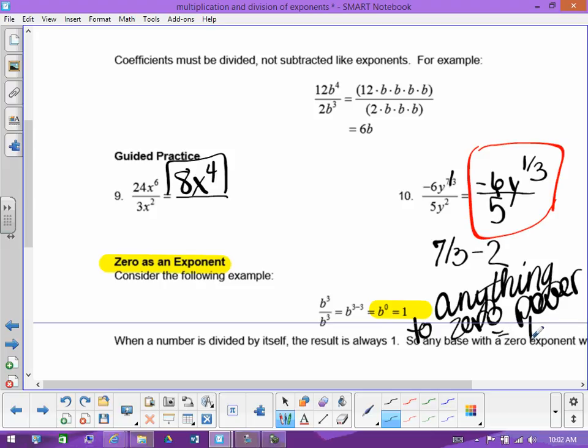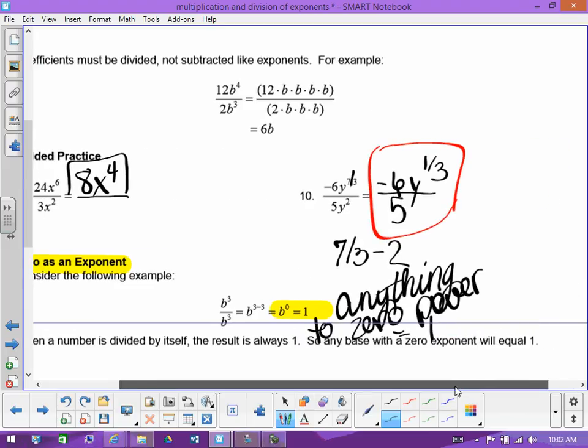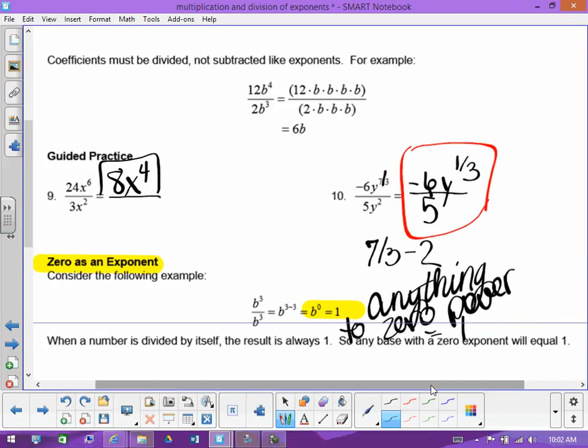Because when a number is divided by itself, the result is always 1. So any base with a 0 exponent is going to equal 1. If we look at just this, b to the 3rd divided by b to the 3rd equals 1. So if we follow the rule, we're going to get b to the 0 equals 1.